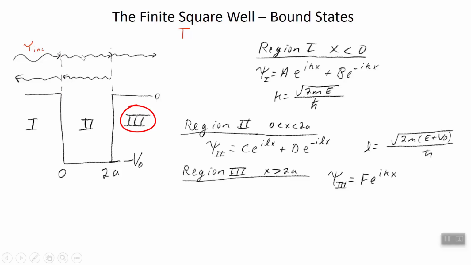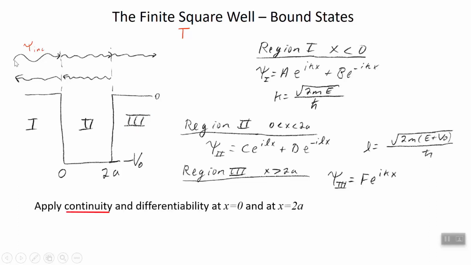And then when the wave again arrives at the next potential change, there will be another reflection, which is why less probability amplitude emerges at the output of the well than went into it. In region 3, there's no need for an e to the minus ikx term. That is, there's no need to assume that there's a backwards propagating wave. It's only going forward because we're saying the incidence is in region 1.